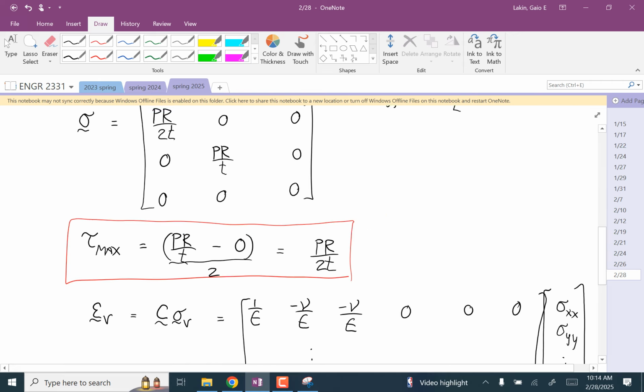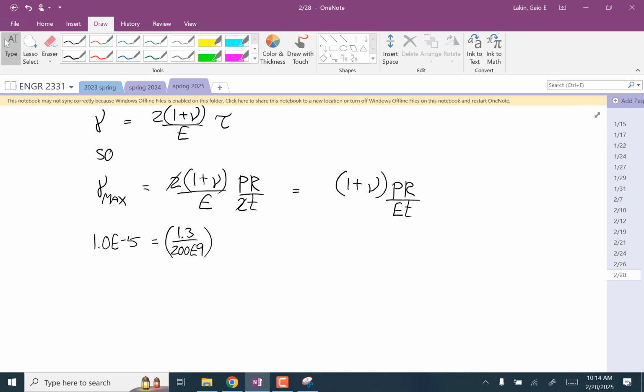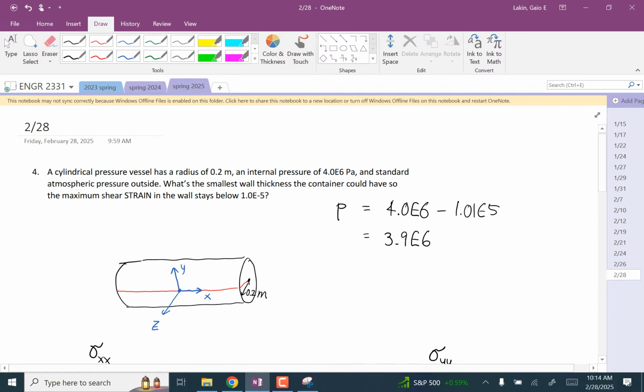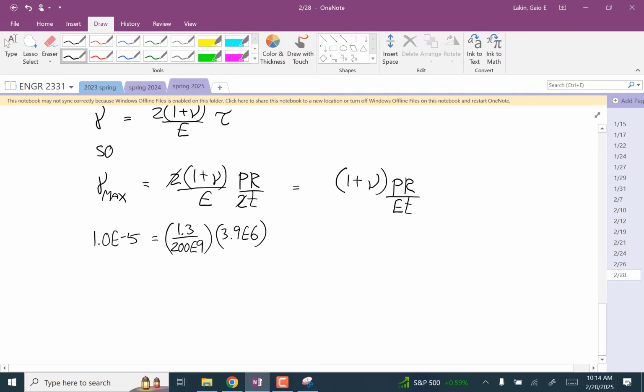And then you can finally, in the end, solve for that wall thickness. So 3.9 E6. The radius is 0.2 over T. Solve for T.